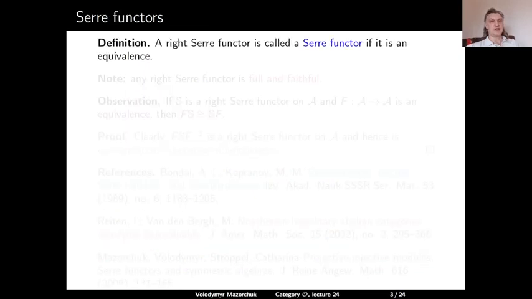A right Serre functor is called a Serre functor if it is an equivalence.